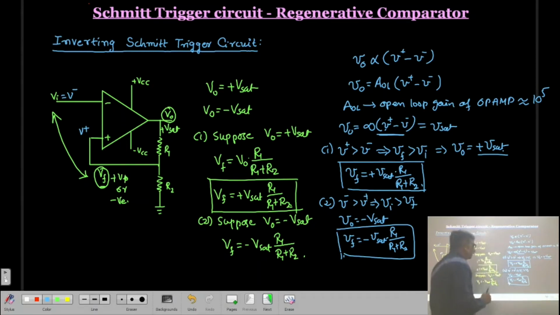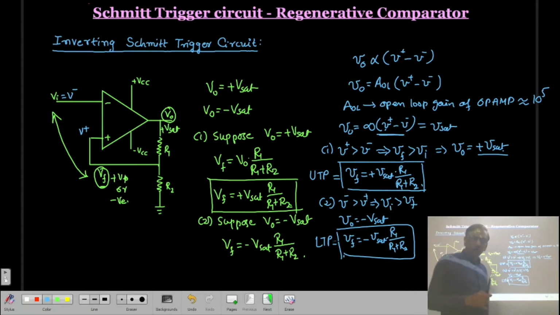The positive trigger level is known as the UTP, the upper trigger point, and this negative feedback voltage is known as the LTP, the lower trigger point.